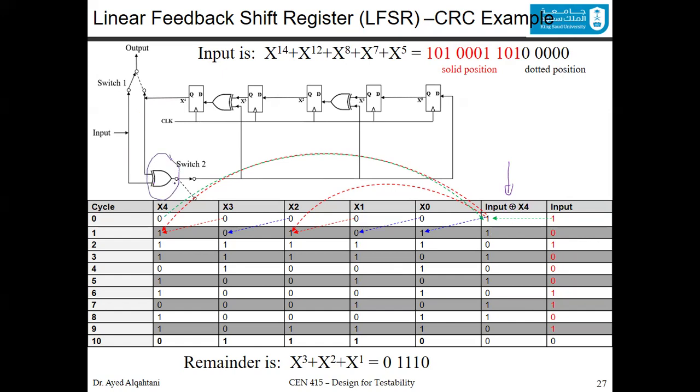The reason I'm doing this is because this input here is coming from the output of this exclusive OR, and this one is also coming from the output of this exclusive OR. So in the beginning, you would say I started with zeros. I calculated x4, which is 0, XOR with 1, the first input, and the result is 1.